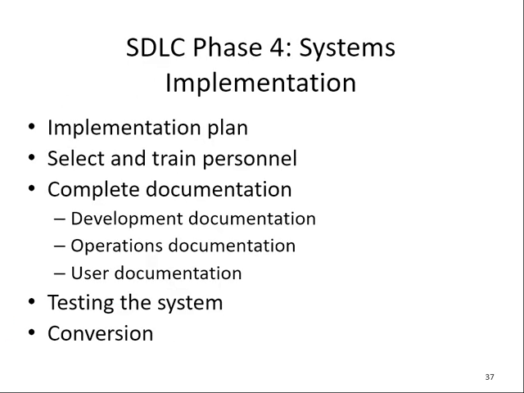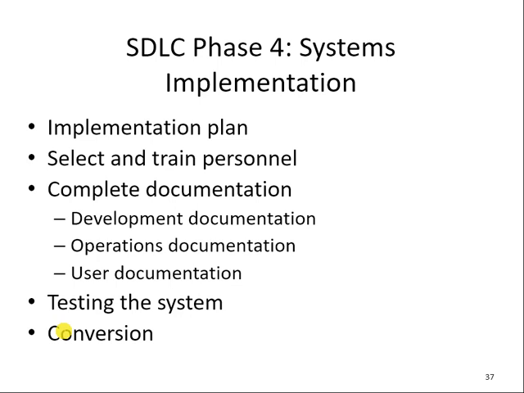The fourth phase is system implementation. We're going to have the implementation plan, select and train people, complete the documentation, and test the systems, and then we're going to convert to the new systems. When we convert, we can have a direct conversion. We're going to terminate the old system and turn on the new one.